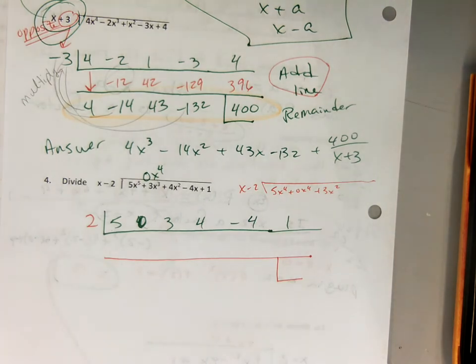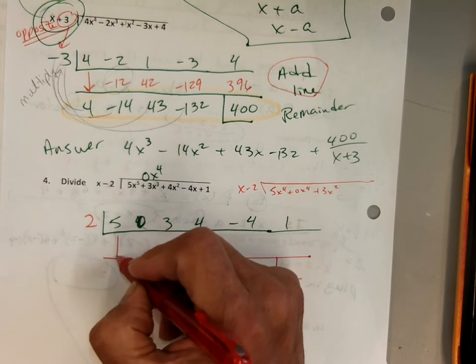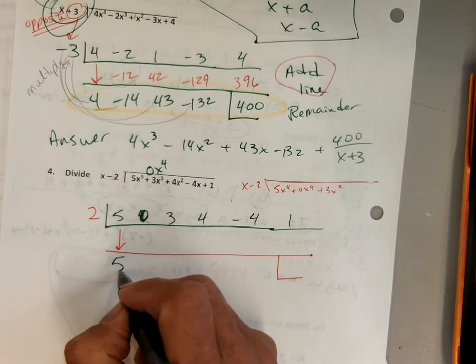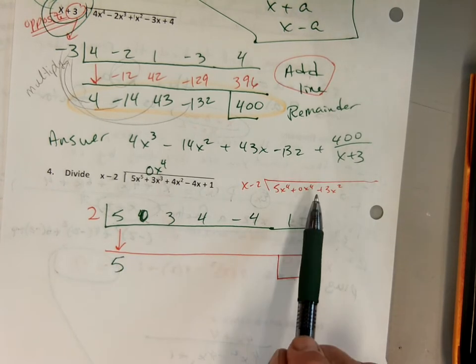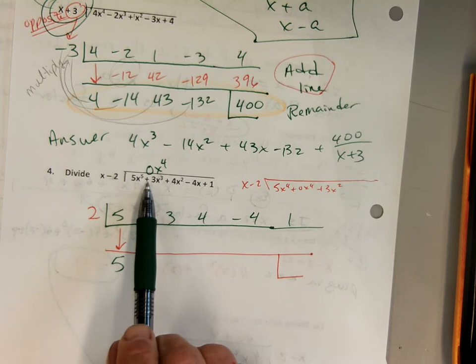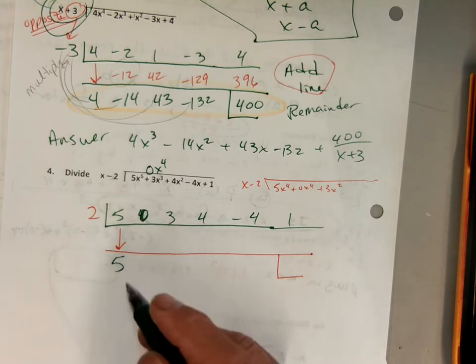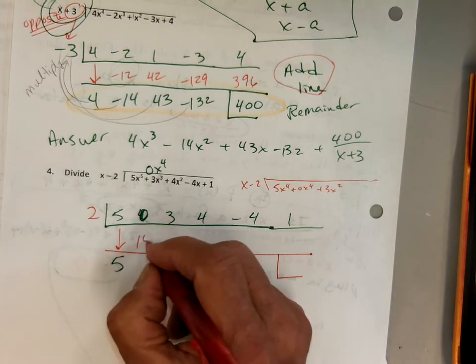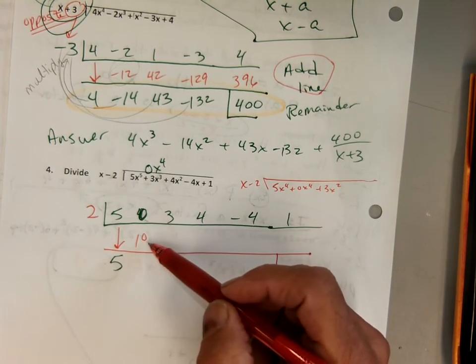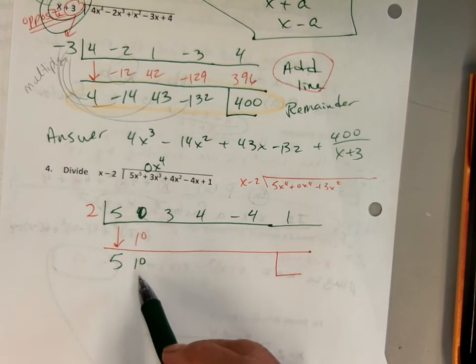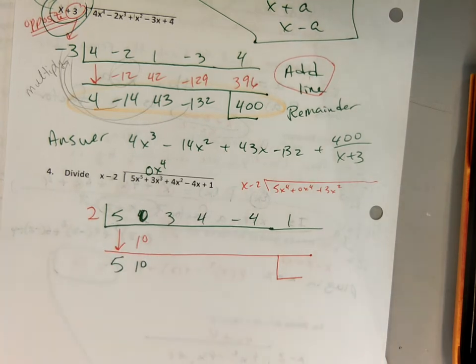Okay, first step, what's our first step? Step 1, bring the 5 down. Mr. Davies, don't you get a 0 and then it's just 0 the rest of the time? Okay, so there's no x to the 4th term, right? 5 times 2, got to multiply, is 10. And then you add. 0 plus 10 is 10. Multiply. 10 times 2 is 20.